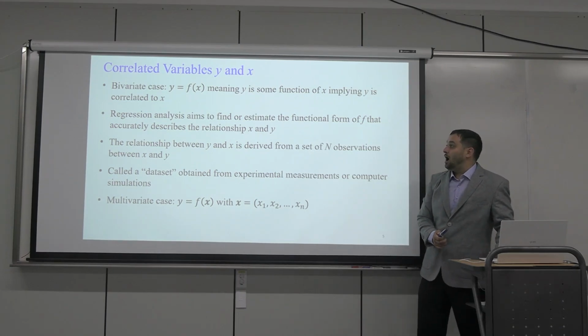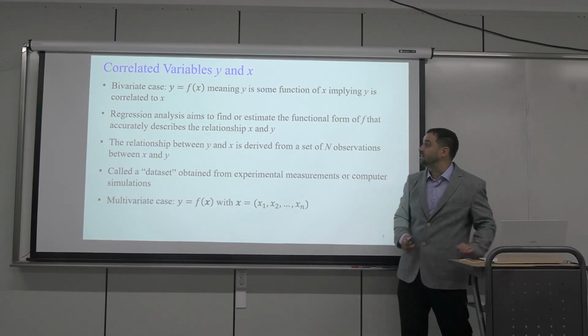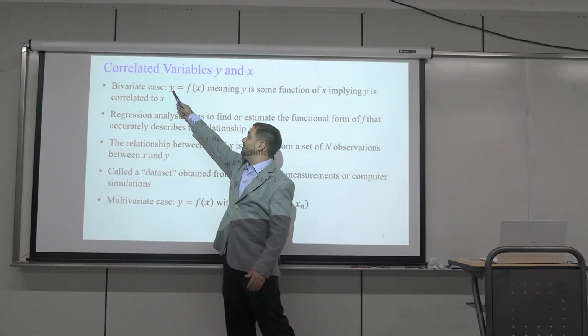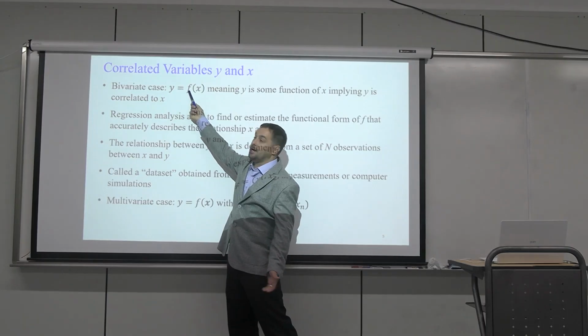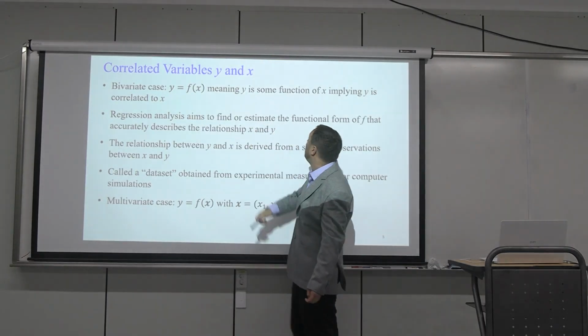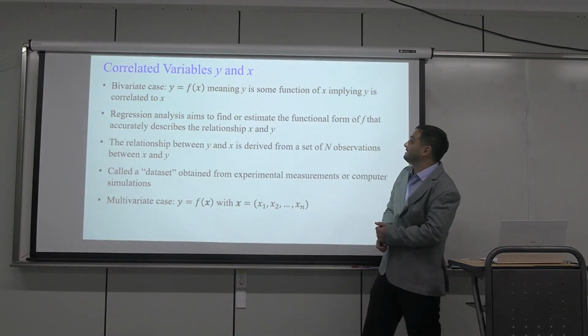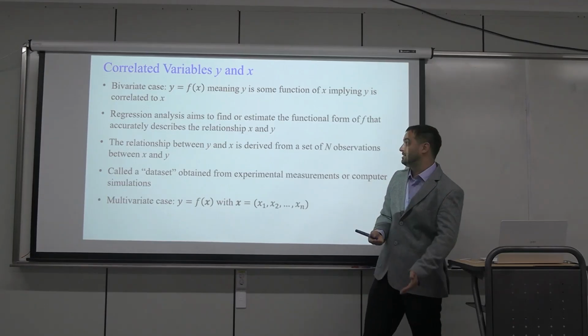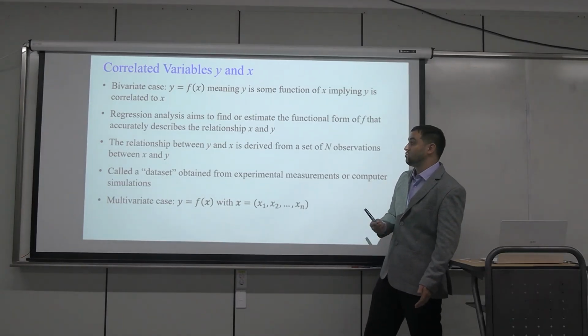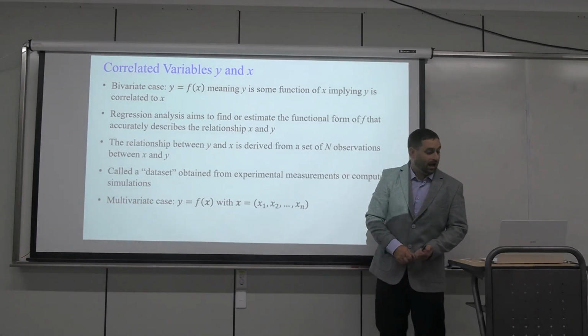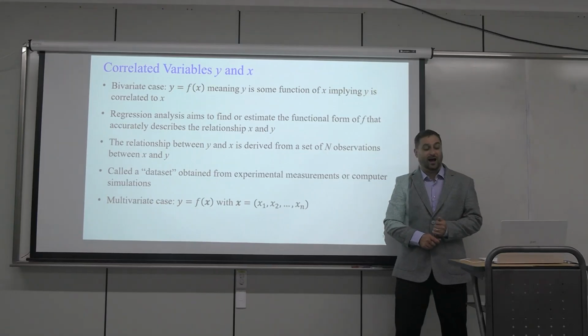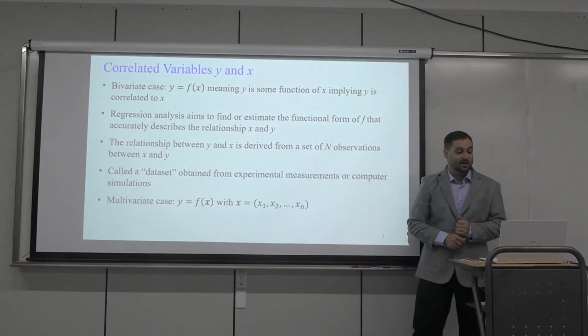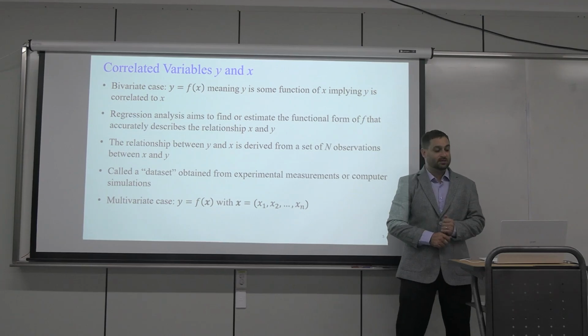The most simple case is what we call the bivariate case, where we have the variable y equals some function of x. Y is some function of x, implying y is correlated to x. And so regression analysis aims to find or estimate the functional form of f that accurately describes the relationship between x and y.